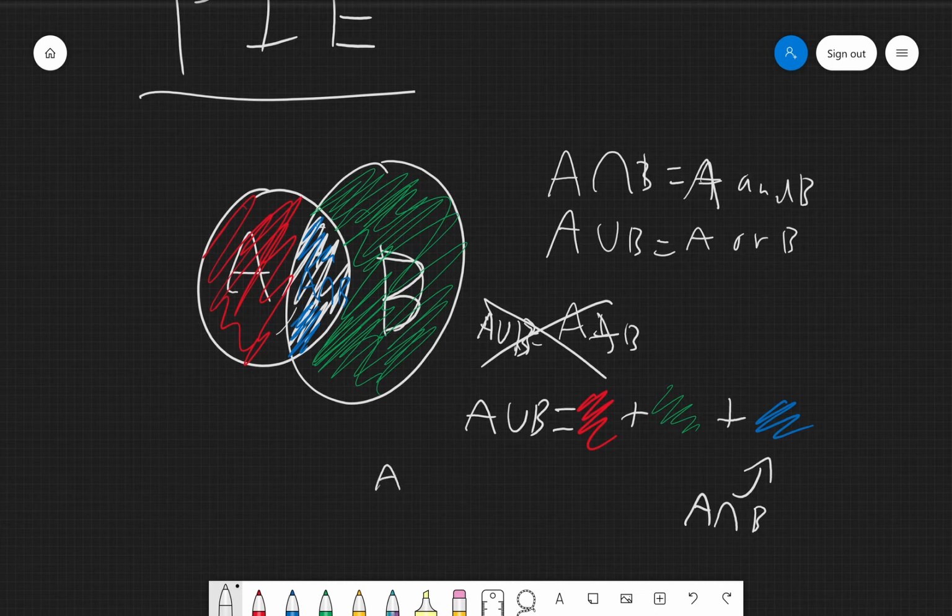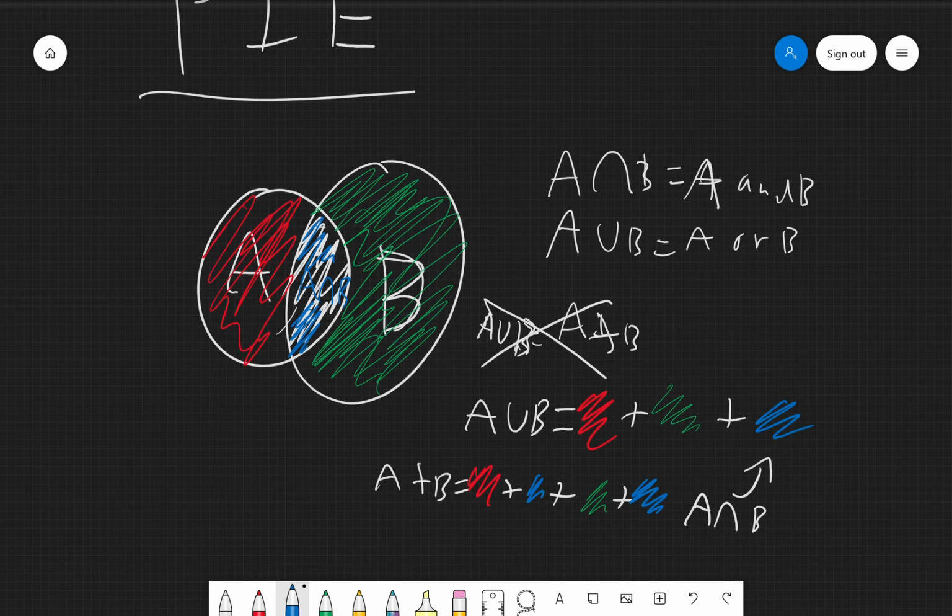But A plus B, on the other hand, is equal to A, which is the red plus the blue, and then we also have B, which is the green plus the blue.